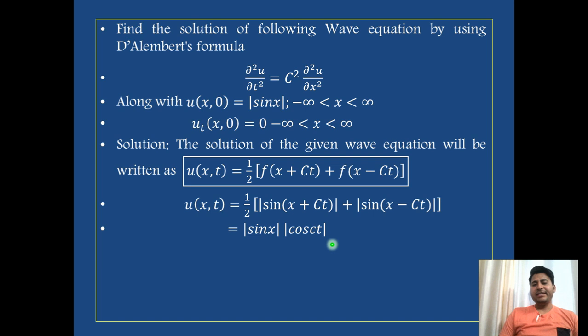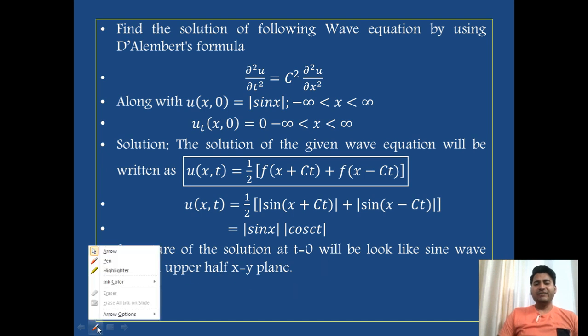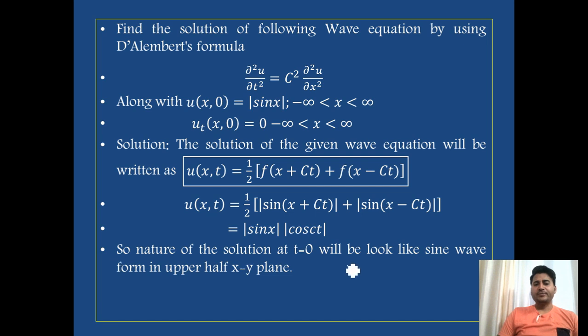Now, once again, if I need to see the nature of the solution when time t is 0, I put t equal to 0. Then u(x,t) equals mod of sin x, whose graph lies in the upper half of the xy plane. It means that at t equal to 0, the solution will be the graph of mod of sin x, which will look like this.